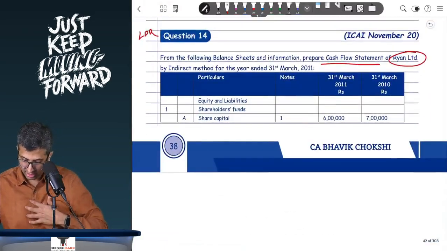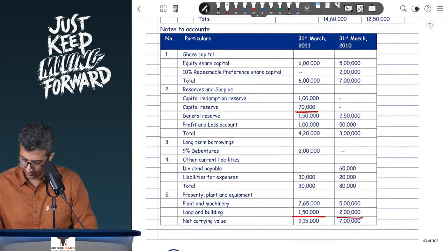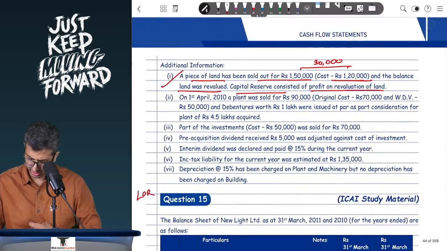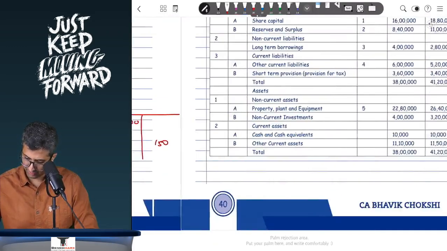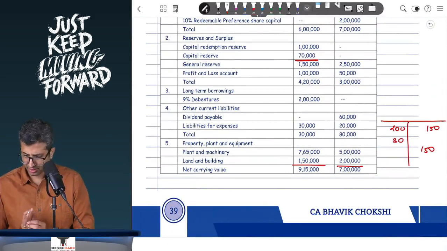So when I look at this particular question, here you have land and building. Starting I think there was 1,50,000. No, again the same problem. Starting it was 2 lakhs. It became 1,50,000. And in this we were saying that a plot of land of 120 was sold for 150, so there was a 30 rupees profit gain.